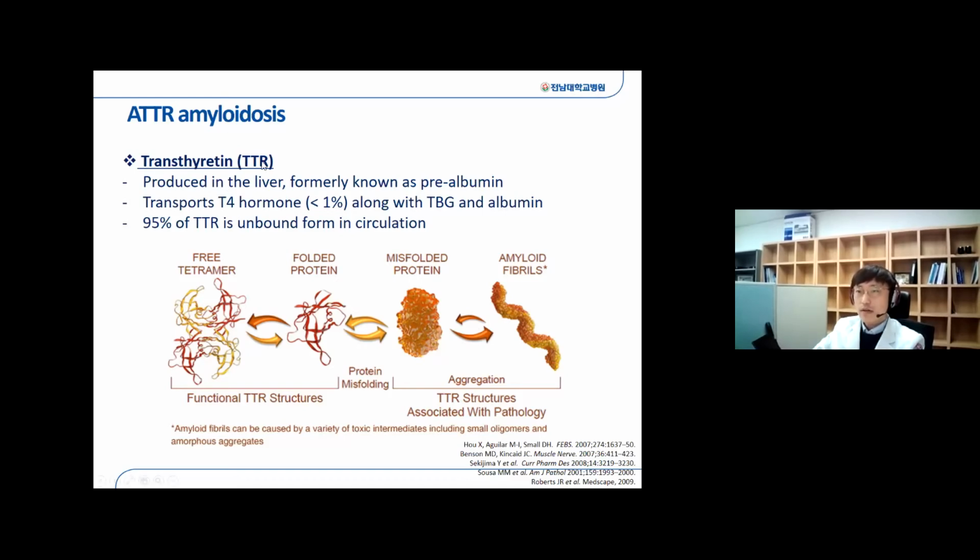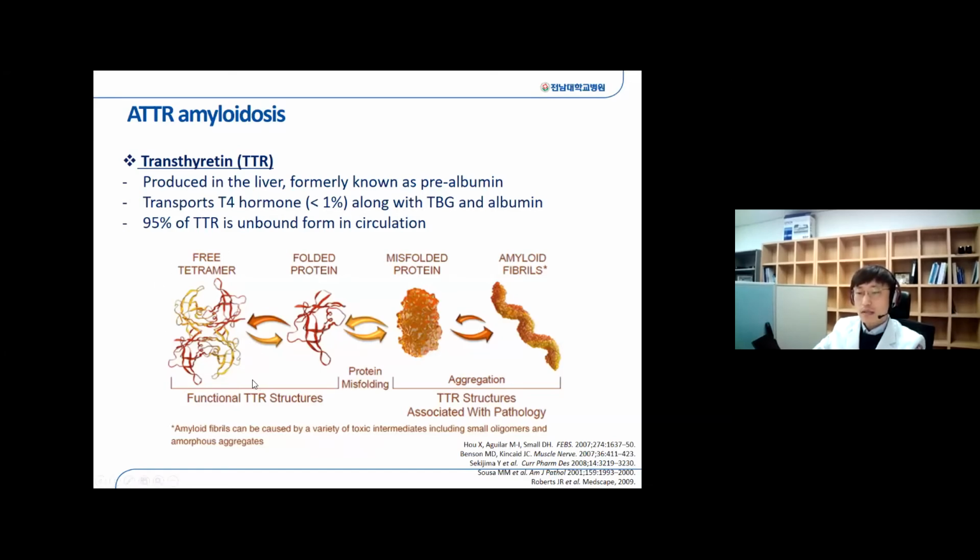And the transthyretin, TTR, is produced in the liver, and it was formerly known as prealbumin. The role of TTR is transporting T4 hormone with other protein materials, and 95% of TTR is present in the circulation as unbound form and free tetramer.